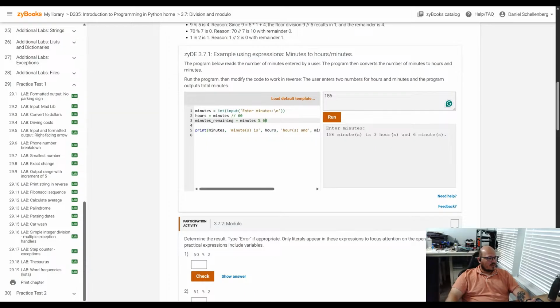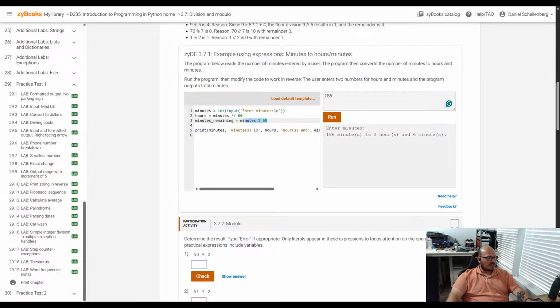It says that the expression 186 modulus 60 calculates the remainder after the integer division.